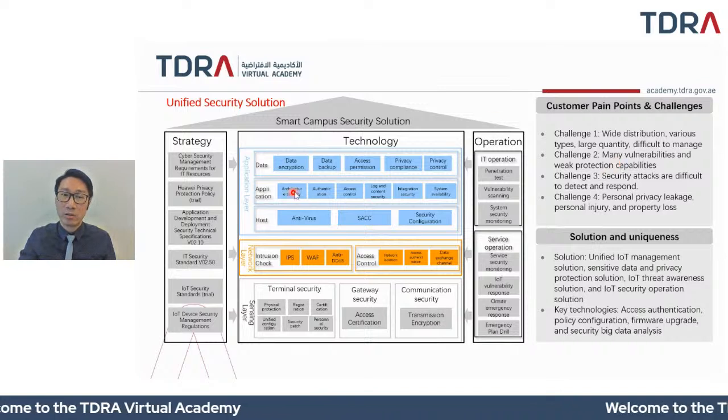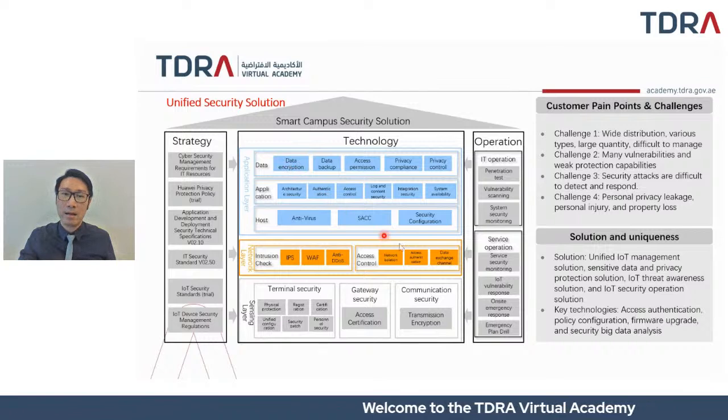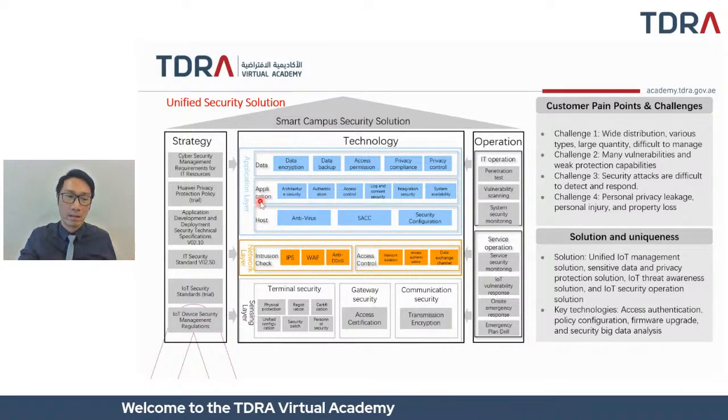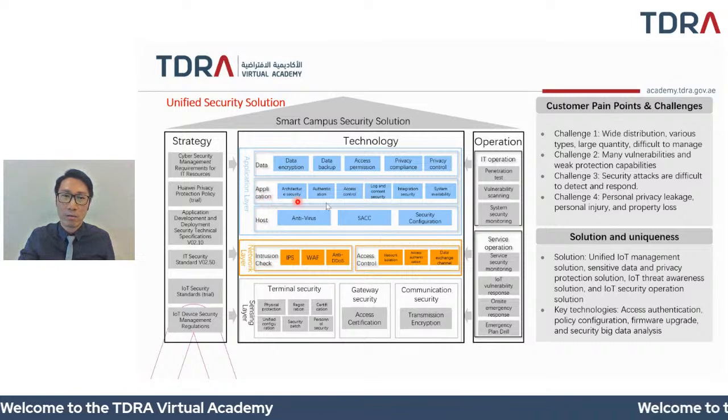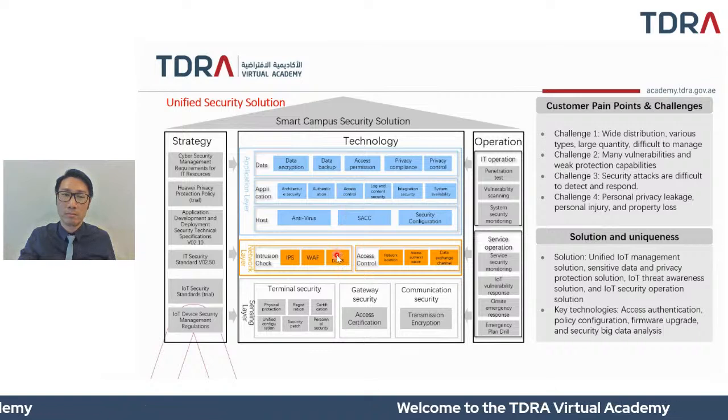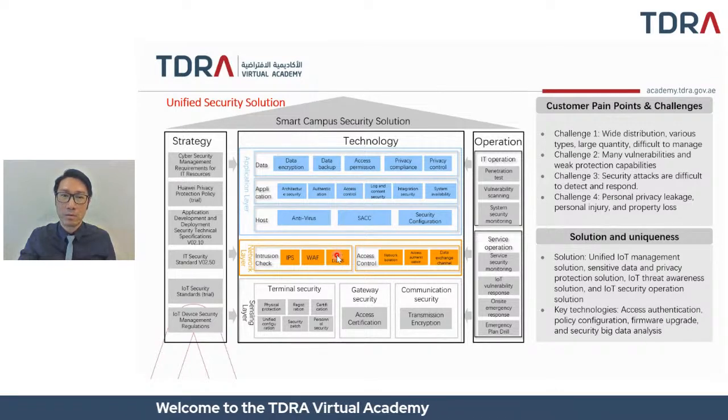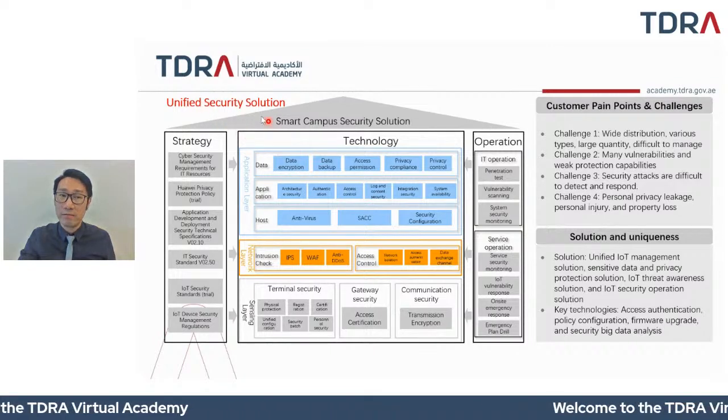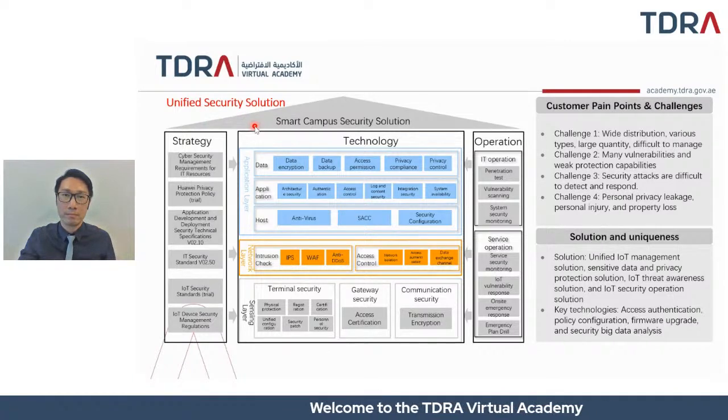For example, encrypt all the data, back up the data, and safeguard it with a firewall and also anti-DDoS, so it is safe from attacks from the network. So this would be the benefit for us to provide a unified security solution for the whole campus.